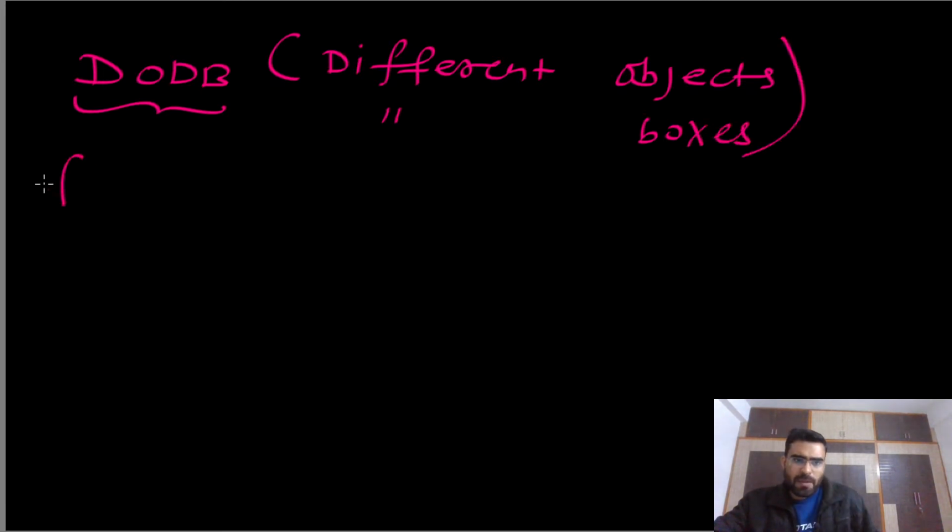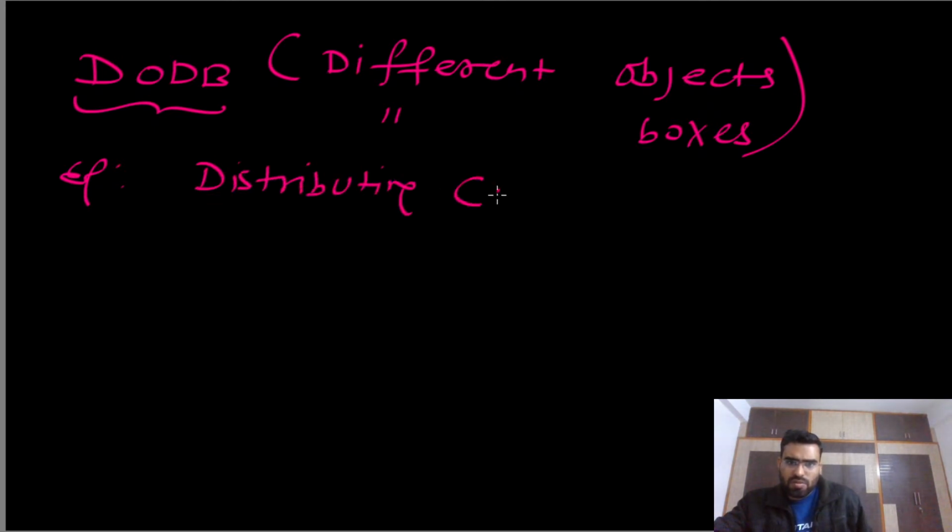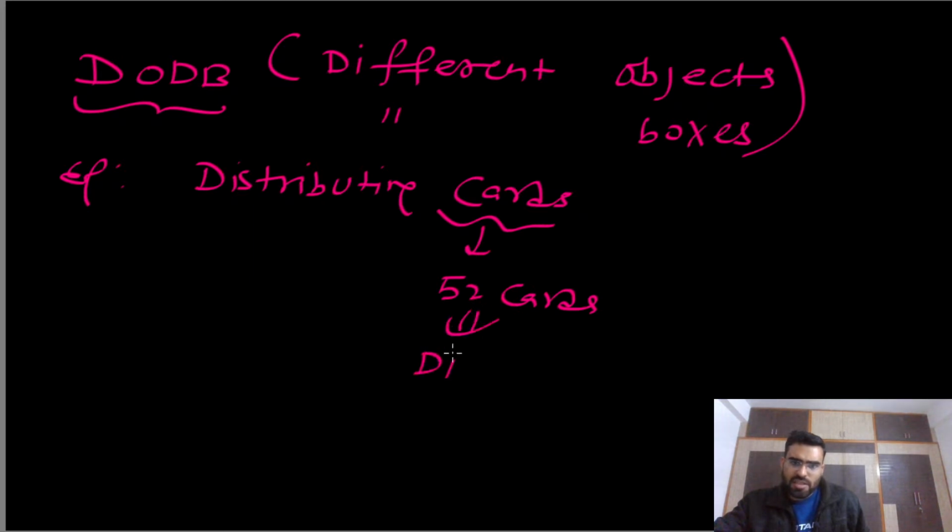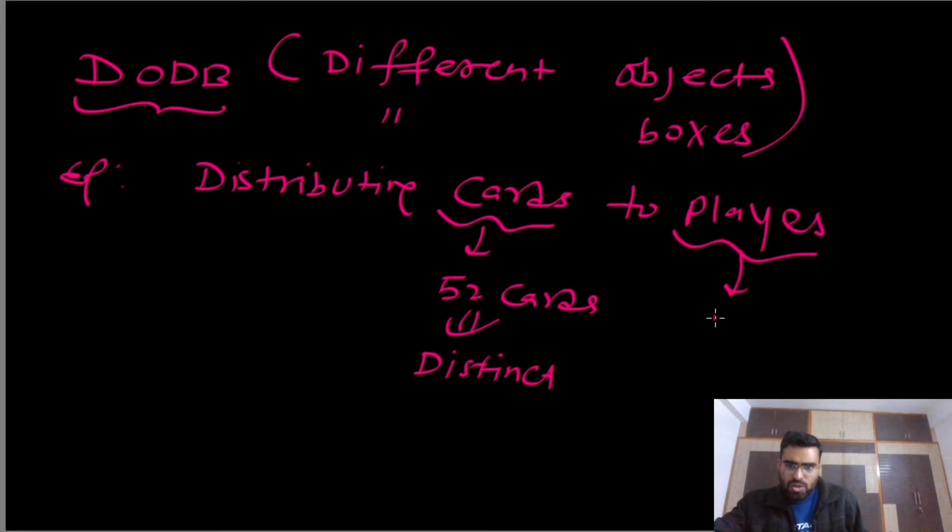For example, distributing cards to some players. Total 52 cards are there, and these cards are distinct, they are different. So 52 cards distributed to two players. Of course, players are different, two people cannot be the same. So players are definitely distinct. This is another example.